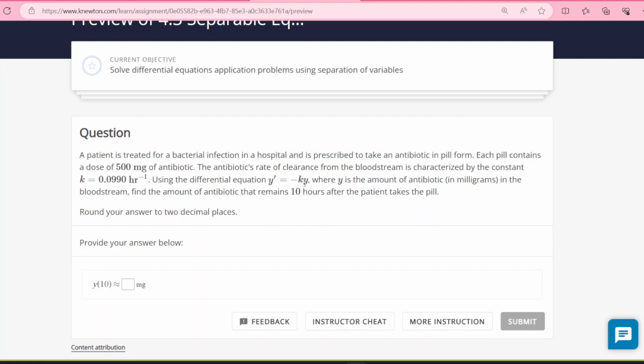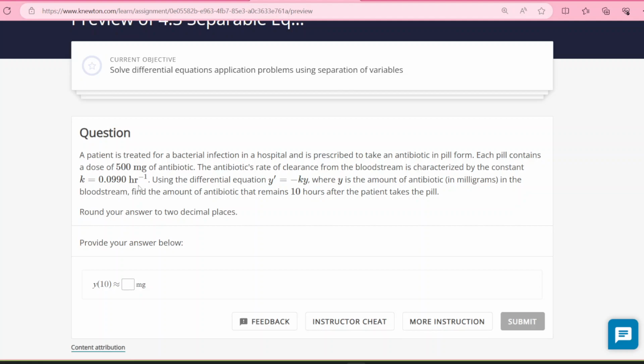Using the differential equation. All right, so they give us a differential equation here. How kind of them. We don't have to model this ourselves. So using the differential equation, y prime equals negative ky, where they gave us the value of k, this 0.0990 per hour, where y is the amount of antibiotic in milligrams in the bloodstream at any given time, right?